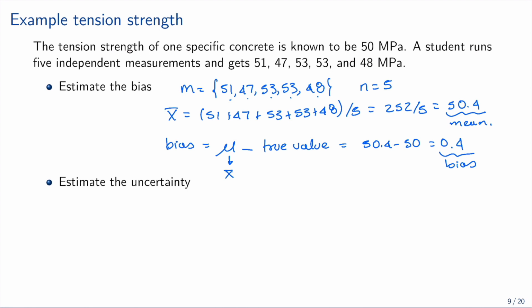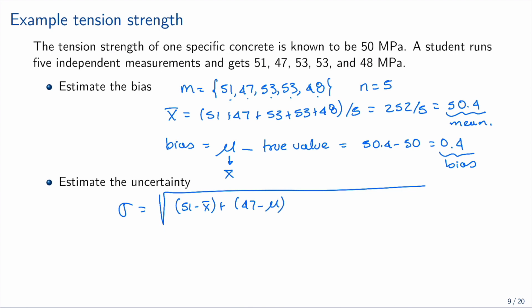Now, how do we estimate the uncertainty? Well, the uncertainty is the standard deviation, so by definition it is the square root of 51 minus the mean, plus 47 minus the mean, which is 50.4, and all of these are squared, plus now we have 53 twice, so 2 times 53 minus the mean squared, plus 48 minus the mean squared, and everything divided by n minus 1, so 5 minus 1.